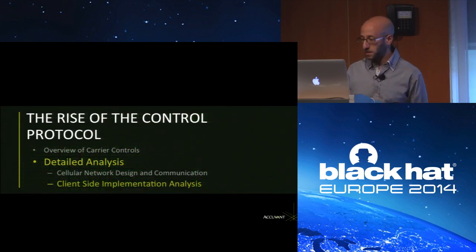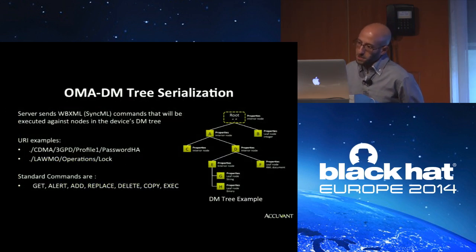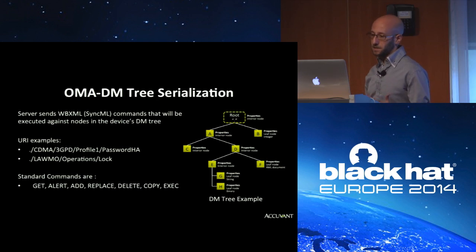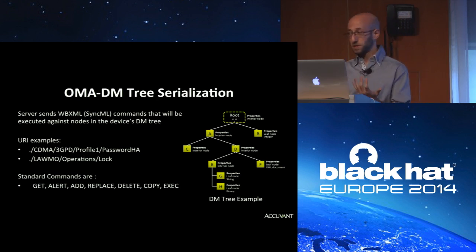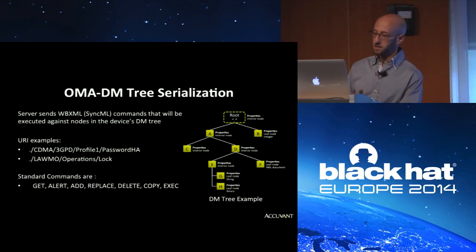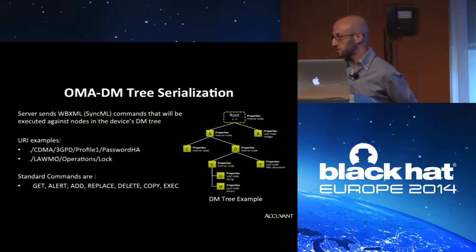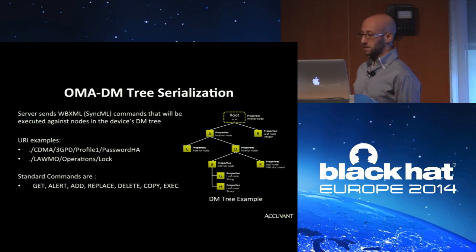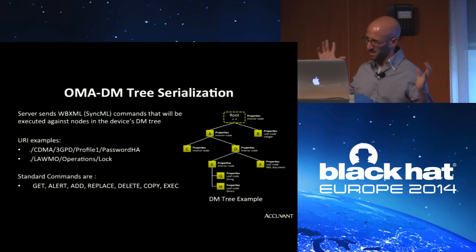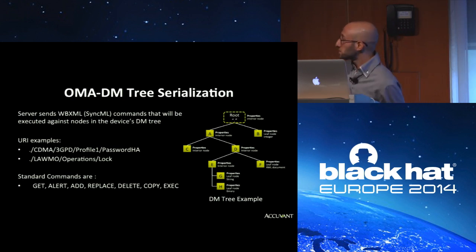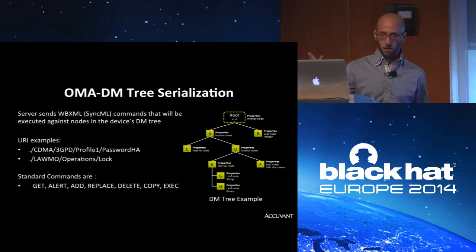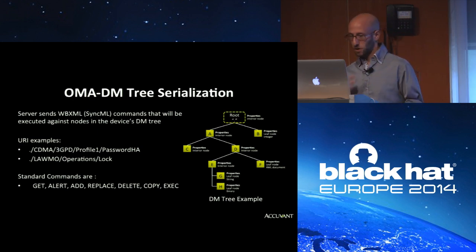So let's go into the actual client-side analysis. Pretty much, the client will communicate with the server. It will receive WBXML commands that are pretty much just binary versions of SyncML. The commands are executed against what's called the DM tree. Those are a couple of the different URI examples. So, different commands, and these are the fun ones.